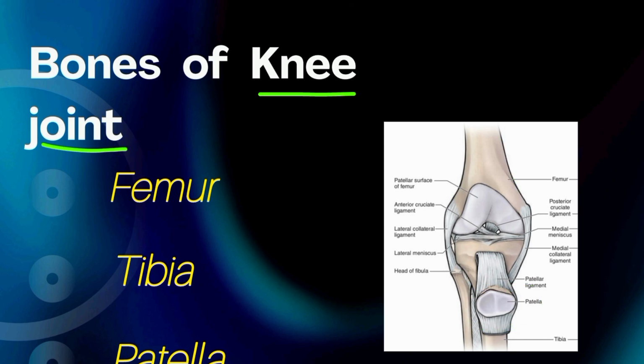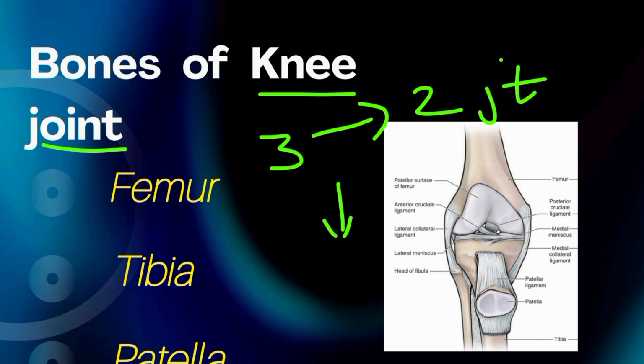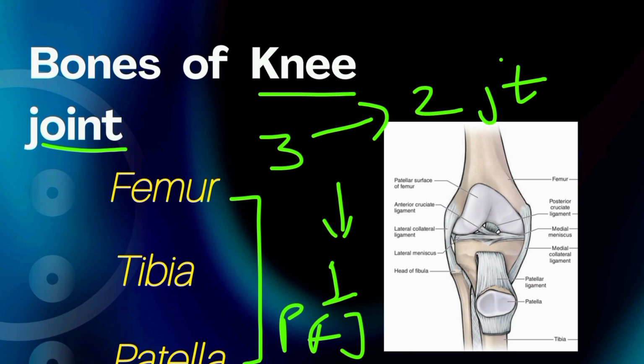The knee joint is also called the knee joint complex because it includes three articular surfaces which form two joints within a single joint capsule. Patella and femur form the patellofemoral joint. Similarly, tibia and femur form the tibiofemoral joint.